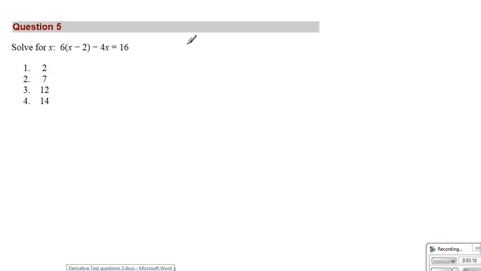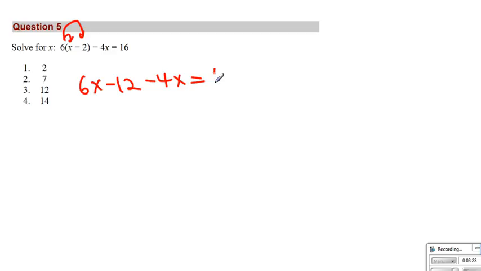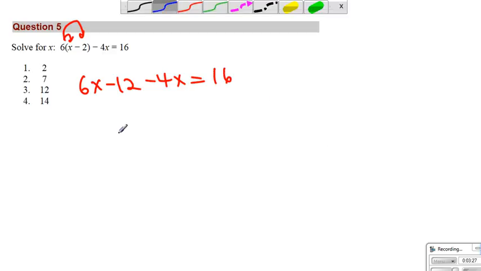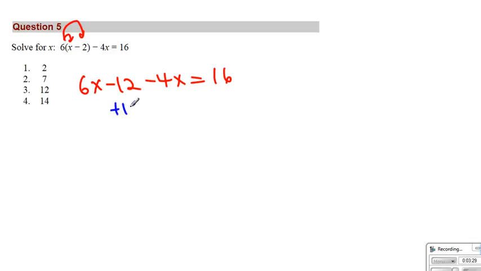Number 5. This is also an equation solving problem, where 6 can be distributed first. So we have 6x minus 12 minus 4x equals 16. Here, in order for us to get rid of negative 12, we can add 12 on each side.